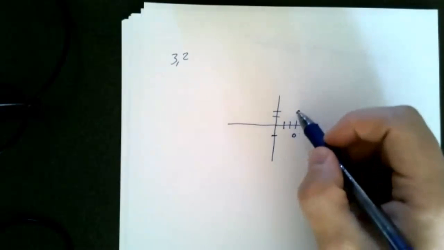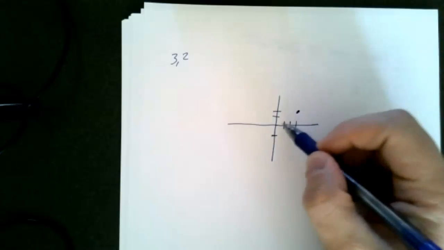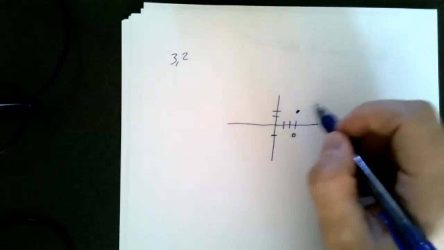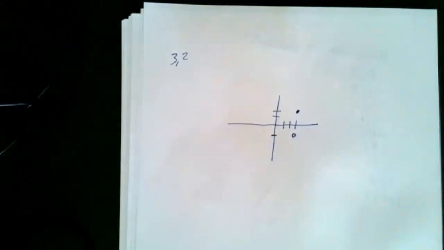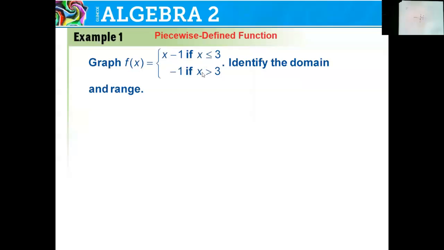So then once I have these points, I'm going to finish off drawing the pieces of my graph. Okay, and that's where your domain has to take into play. So starting with the bottom one, because it's an easier one, it says -1 if x is greater than 3. So that's telling me I need to go right all the way until positive infinity. There's no other breaking point there.